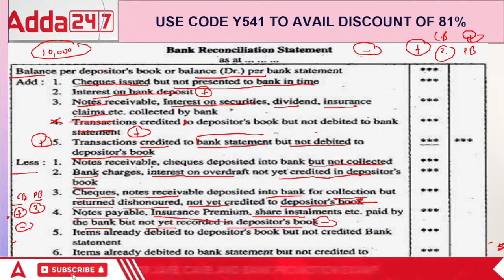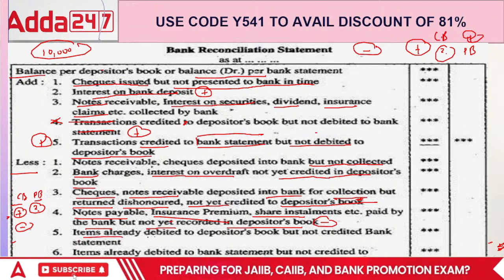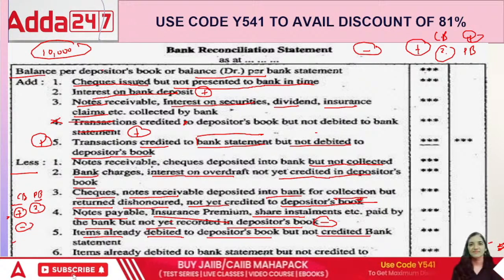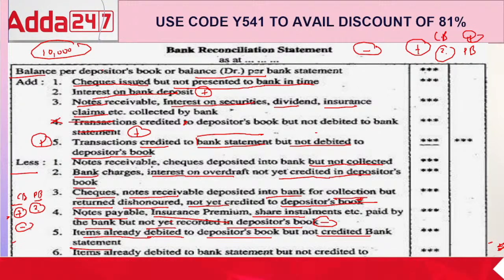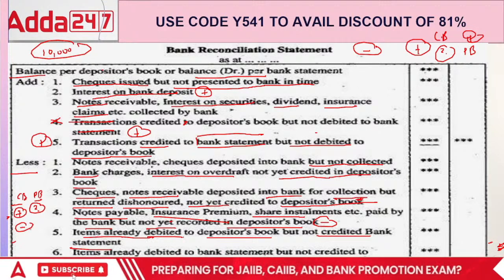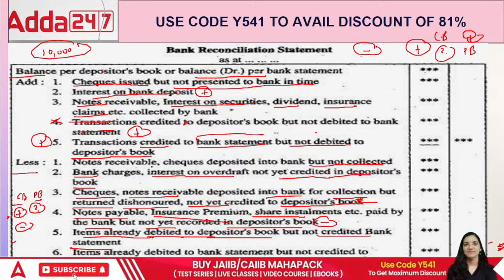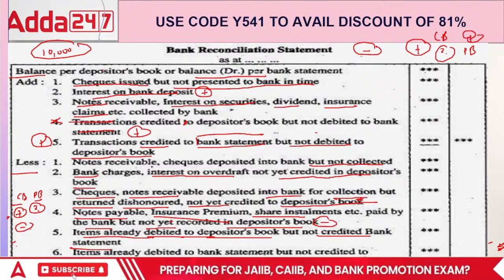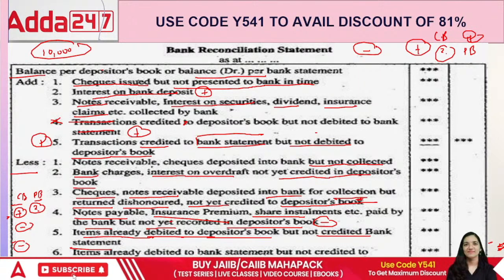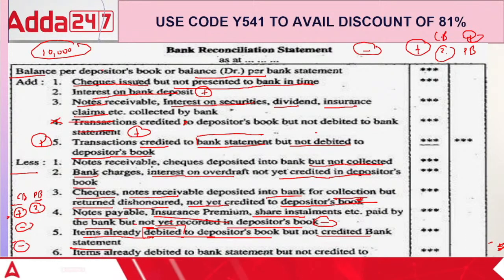accounts, right? Then items already debited to the depositor's book but not yet credited in the bank statement. There are certain things which are already debited to the depositor's book. The point is, in terms of my books of accounts, this is a debit in the deposit book.